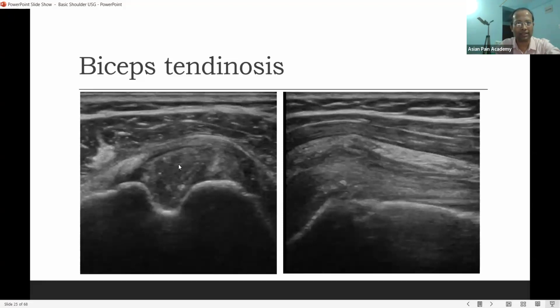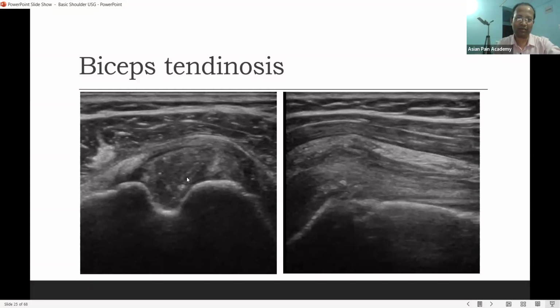So here you see biceps tendinosis. There is some increase in the size of the tendon because of swelling, edema. And if there is edema and swelling, then what will happen? Simply think that water is black. So with white color, when you are adding some black part, it will become blackish, meaning hypoechoic.